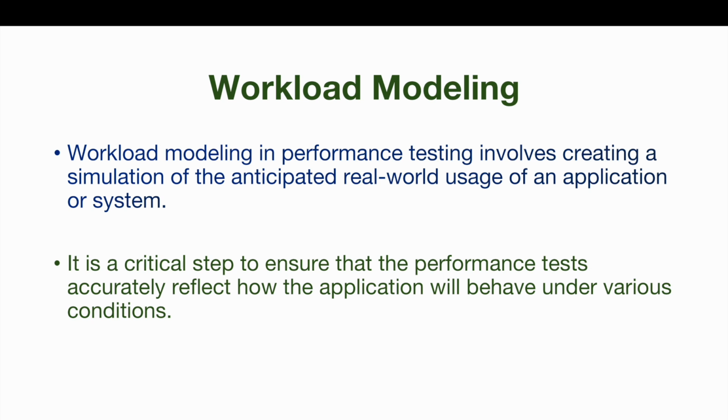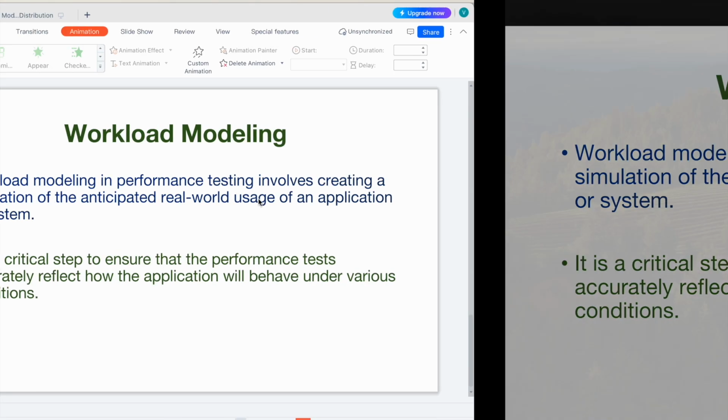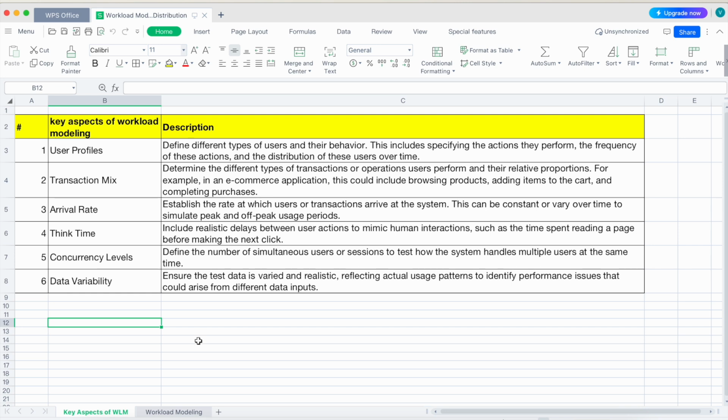Now let us understand the key aspects involved in workload modeling. Some of the key aspects are user profile, transaction mix, arrival rate, think time, concurrency levels, and data variability. User profile: we need to identify different types of users and their behavior.